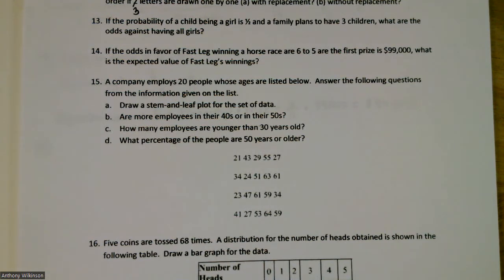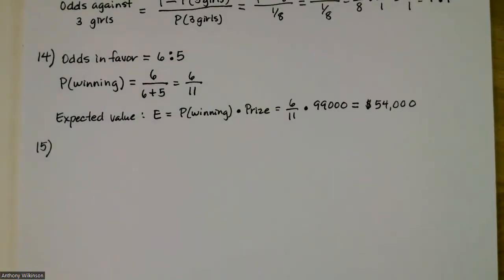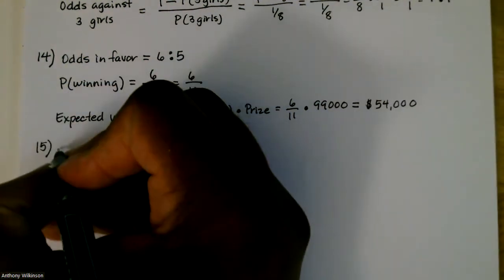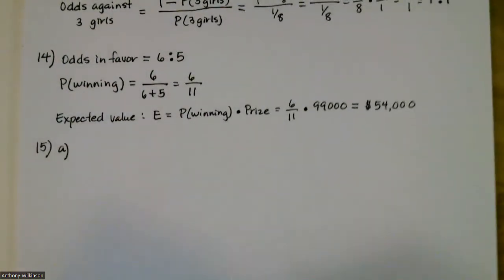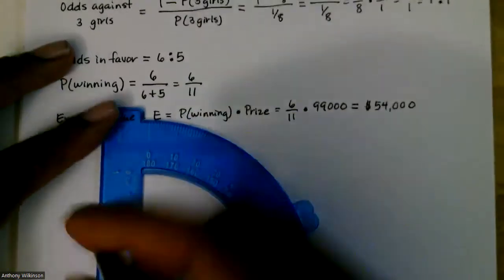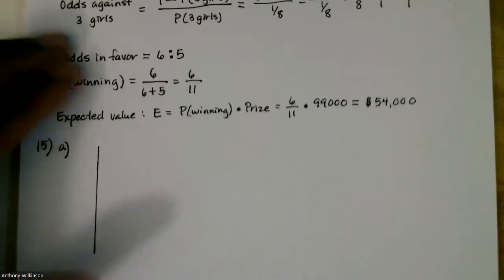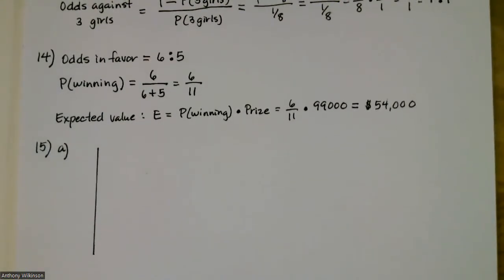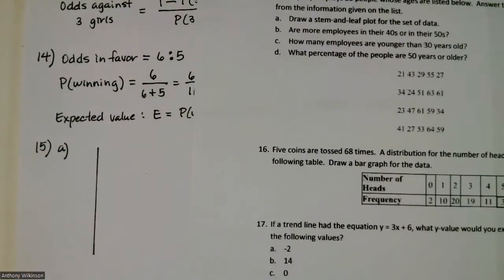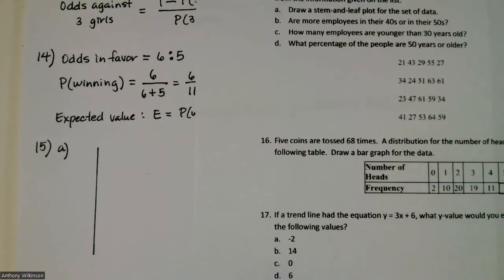So that means right off the top, we're going to need a stem and leaf plot. So part A is the stem and leaf plot. So here's our data set right here.